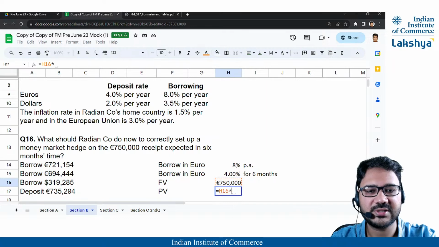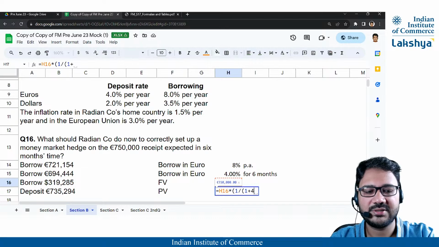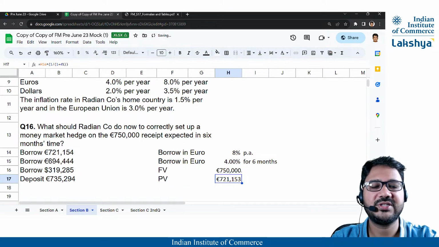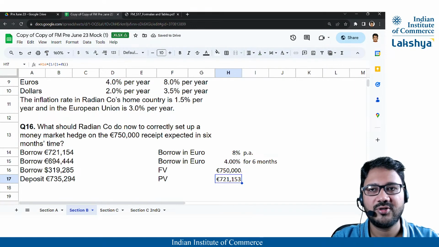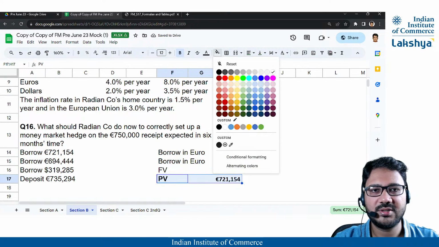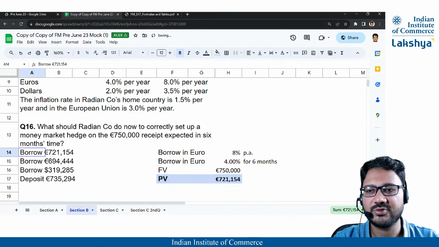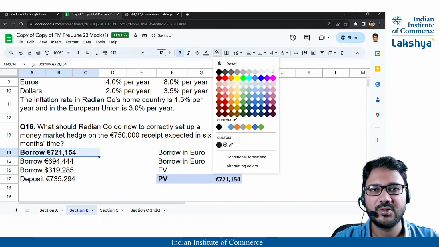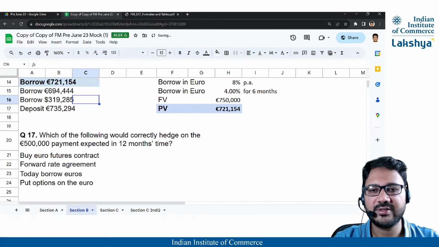It's very simple, just discount it: 1 divided by 1 plus r. No need to raise to n because we have already adjusted the r. So the answer is 721. You're going to borrow 721,154. All right, very easy to calculate.